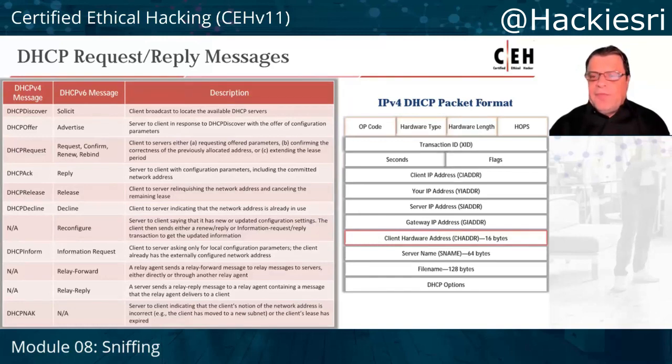Notice in the DHCP packet format, the layering and iteration of IP address fields, like client IP address, server, and gateway, including client hardware address, server name, file name, DHCP options. Once again, notice the fairly exhaustive listing and specificity of addresses provided.